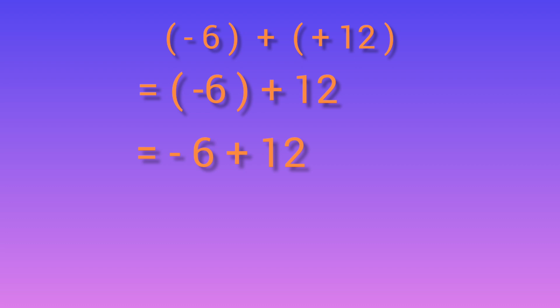If the signs are different, you subtract the numbers, but retain or put back the sign of a bigger number. So this will be 12 minus a 6, which gives us a 6. And in this case, our answer, the 6, will be positive because the sign of a bigger number 12 is positive.